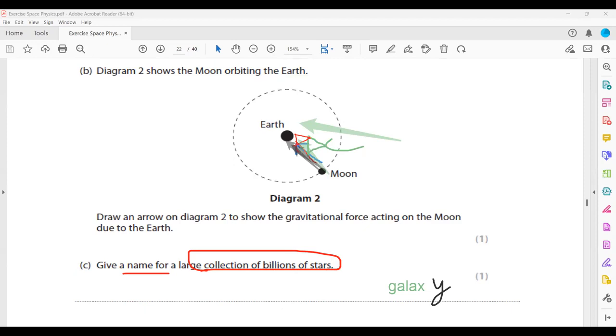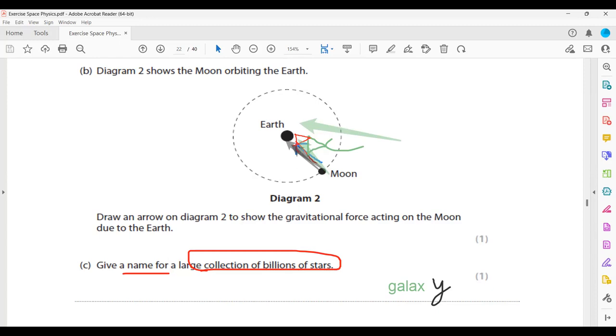Galactic bulge is basically the region where we have stars, but when we have millions or billions of stars, the right term is galaxy. Galactic bulge is a part where the formation of stars can occur. Most of the stars in our solar system we find in a galactic bulge. But a galaxy is a collection of billions of stars.